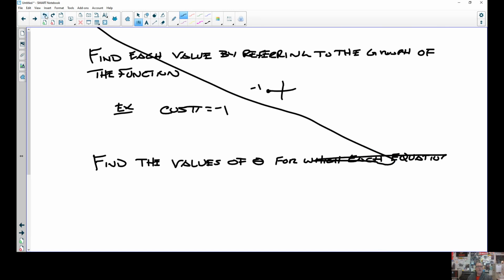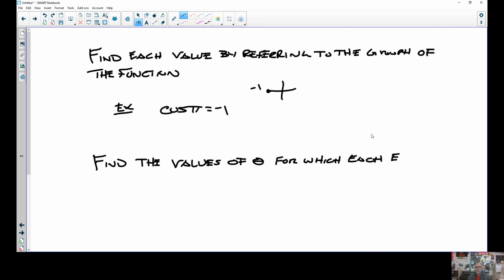All right, so they're going to give you something like this: an equation that'll say sine theta equals 0.